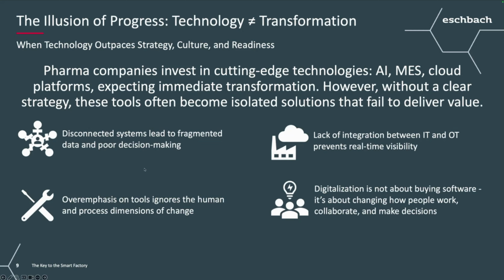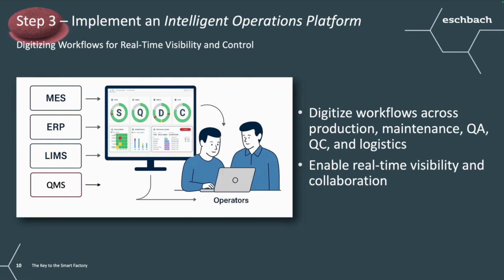So we have been talking about systems like MES, ERP, LIMS, QMS. Each of these systems has a very dedicated purpose when we're talking about manufacturing operations. What is important when you're taking your shop floor personnel on that journey is that you provide them with the right information to make decisions.